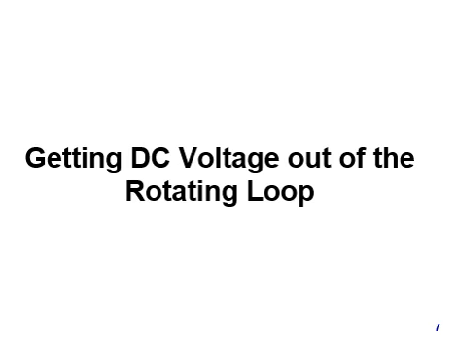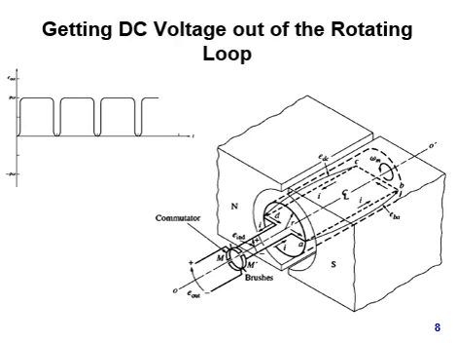Now we want to get this DC voltage out of that rotating loop. This can be obtained by these brushes and commutator, and these brushes are further connected with a circuit, and this DC voltage would be something like this.